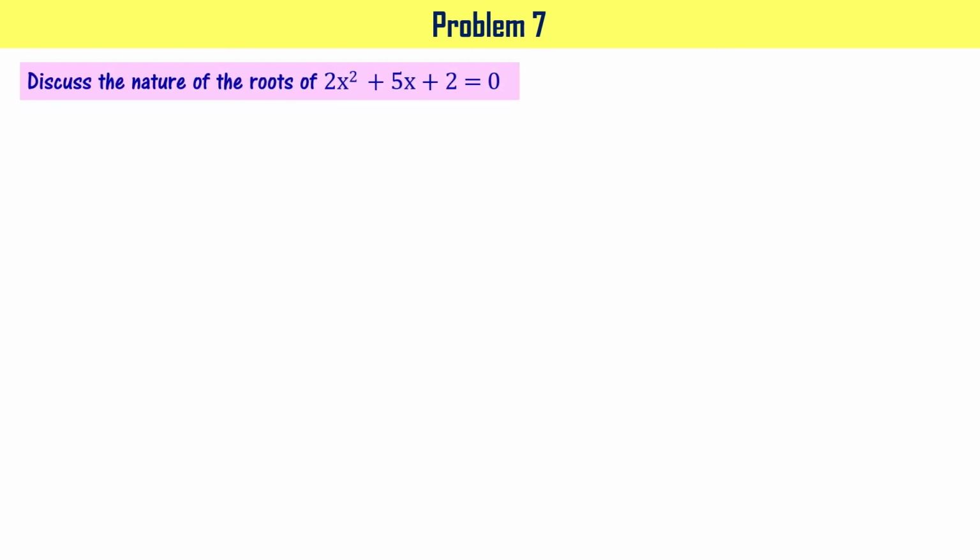The next problem is to discuss the nature of the roots of 2x square plus 5x plus 2 equal to 0. Earlier we said that b square minus 4ac is the discriminant of ax square plus bx plus c equal to 0, right? Now let's understand why this is called a discriminant.